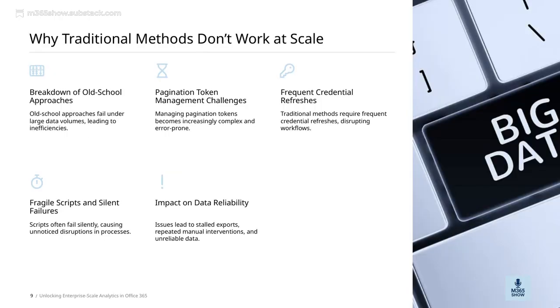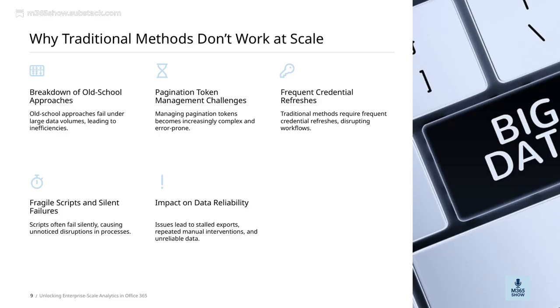Let's talk about why traditional methods just don't work when we're dealing with enterprise-scale analytics in Office 365. First, these old-school approaches often lead to stalled exports, meaning data just doesn't get transferred smoothly. They also require repeated manual interventions, which can be time-consuming and prone to errors.